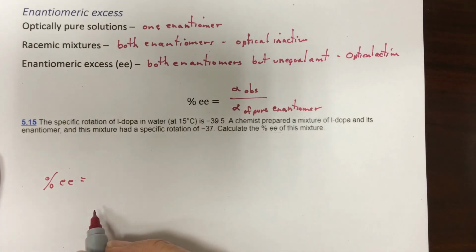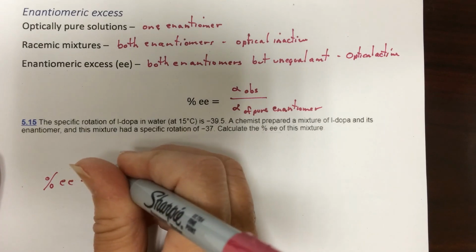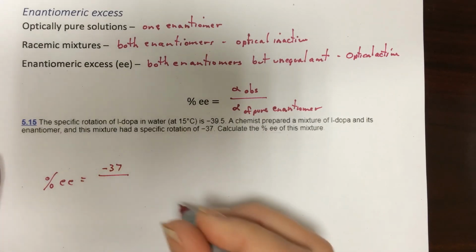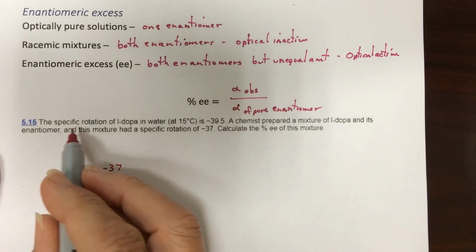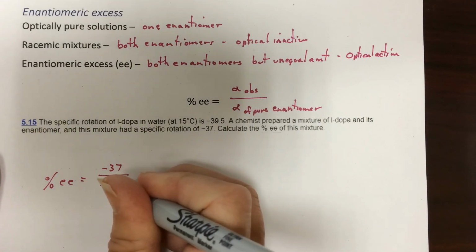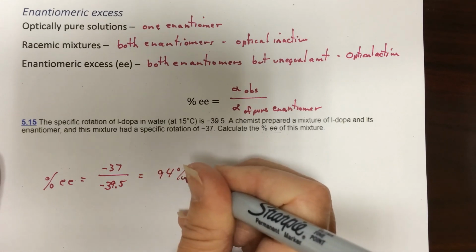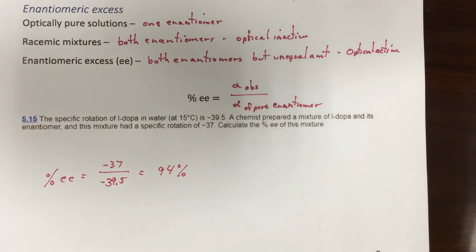We want to put the observed on top, and in this case it's minus 37. And we'll put the literature value on the bottom, which was minus 39.5, and we'll get 94%. And that gives us an idea of how pure our mixture is.